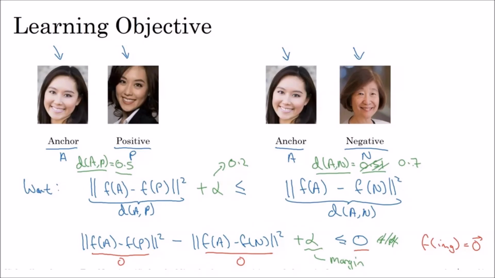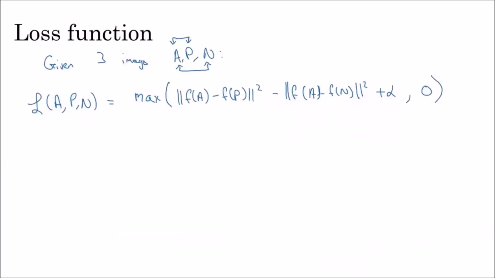Okay, how will we implement the loss function for this? We take a loss function with three values: anchor image, positive image and negative image. This expression we have already discussed, and we expect the loss to be the maximum of this expression comma 0.